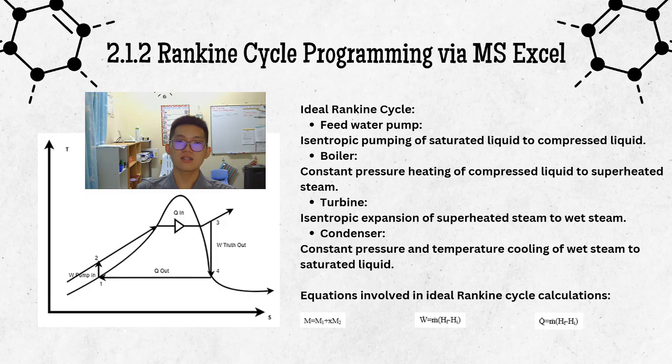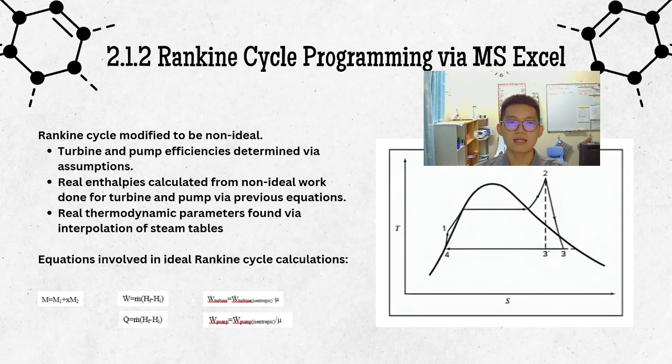Furthermore, the work done for the turbine and the feed water pump is calculated through the multiplication of mass flow rate with the change in enthalpy. Moreover, the heat transfer for the boiler and condenser is calculated through multiplication of the mass flow rate with the change in enthalpy. Then, the Rankine cycle is modified to be non-ideal.